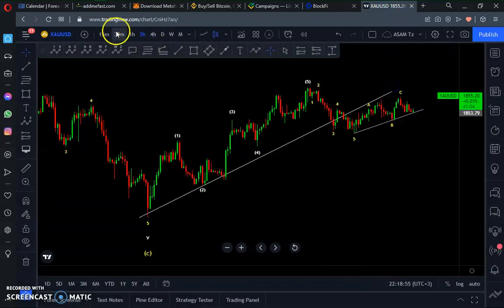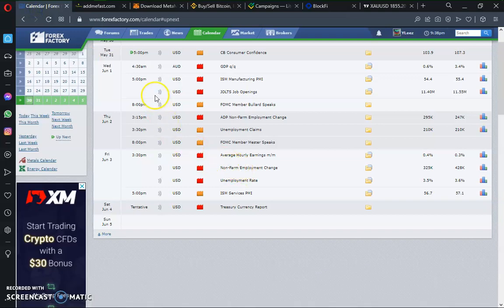Now I was looking at the calendar. Always we have some news there, and I think we have some news on Wednesday on AUD and USD, and also on Thursday we have news on USD, and then on Friday we have news on USD, and this will be non-farm payroll. I think everybody knows non-farm payroll.